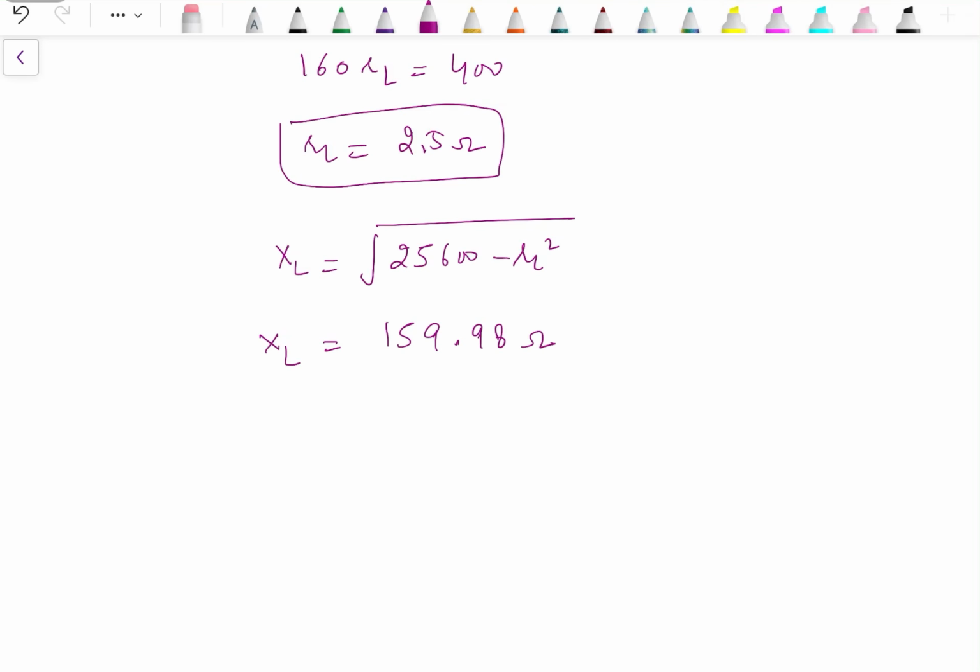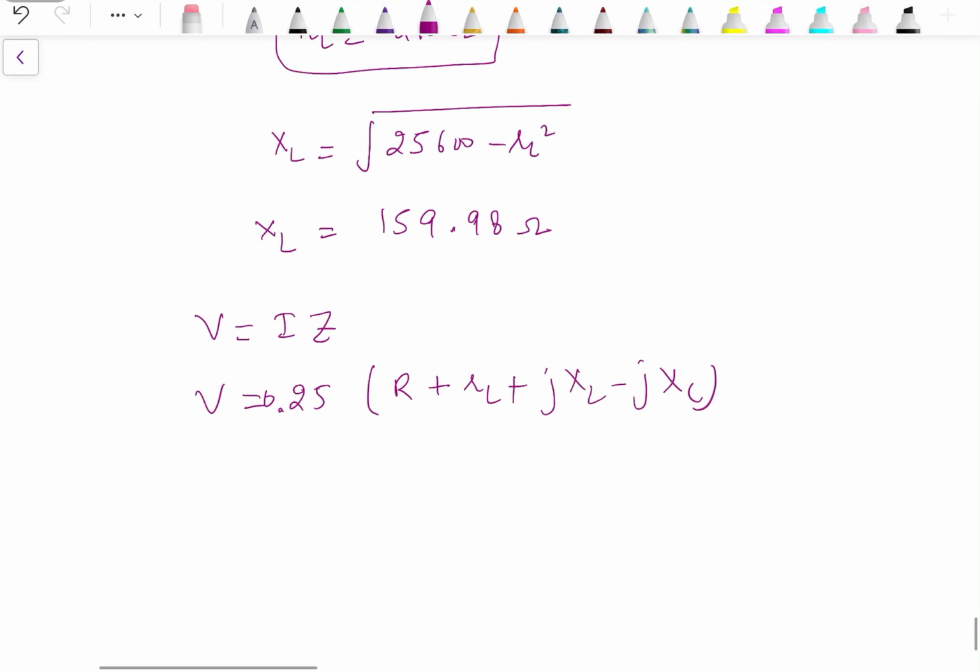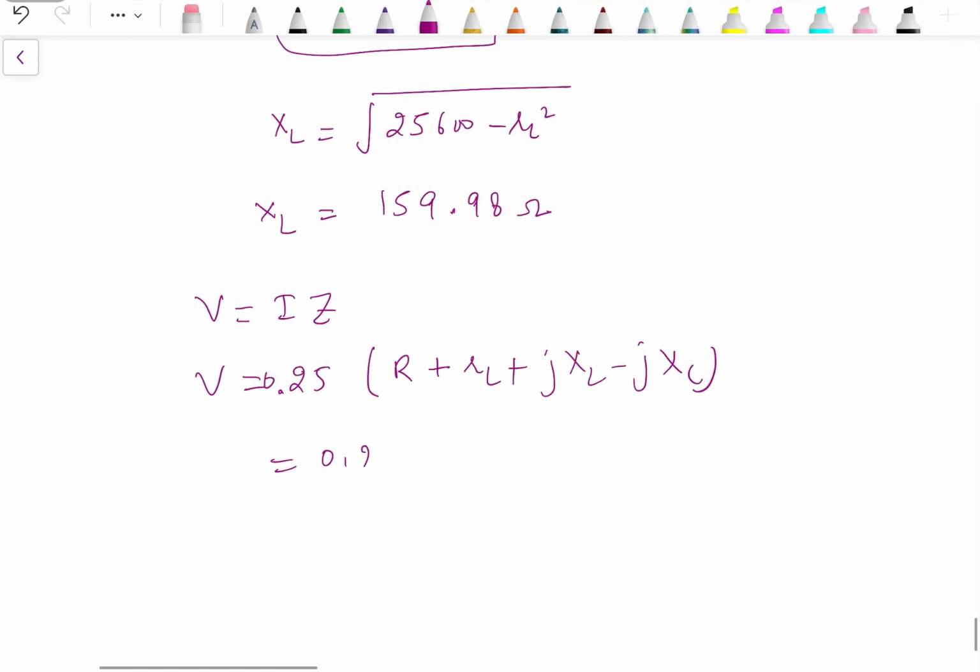Since we need to calculate the supply voltage, it will be I into Z. Now we have calculated all the parts of impedance, R plus RL plus JXL minus JXC. So 0.25 into R is 80, RL is 2.5, XL is 159.98, XC is 200.